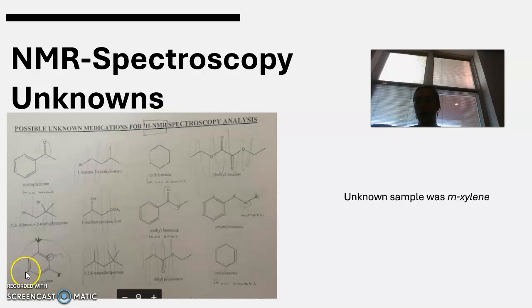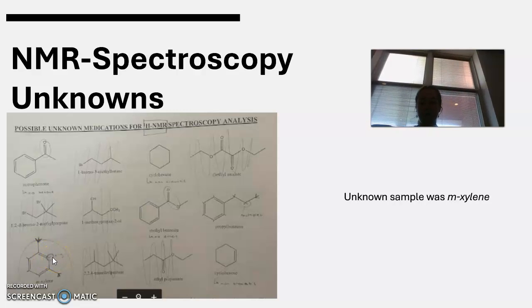This hydrogen here would have been the 7.2, and the reason I said this was a singlet was because it's perfectly between these two hydrogens as well as these ones. So instead of saying it was a triplet, I said it was a singlet because it is perfectly symmetrical with everything around it.